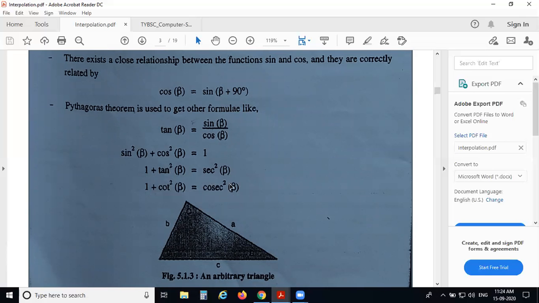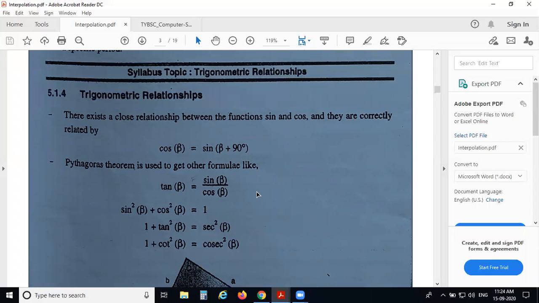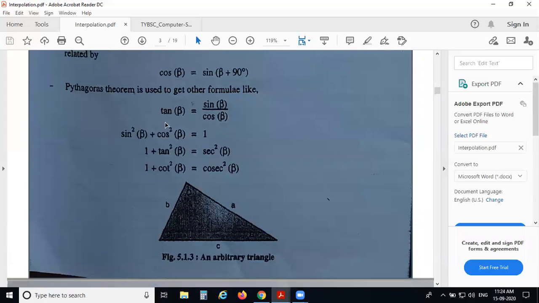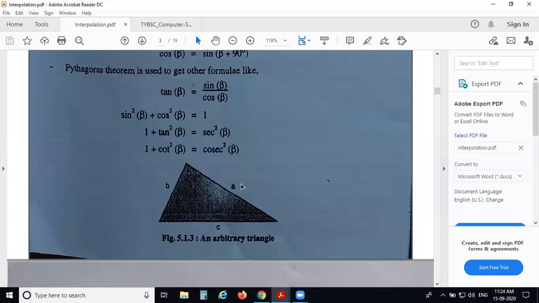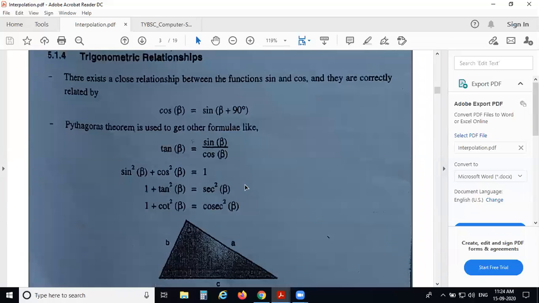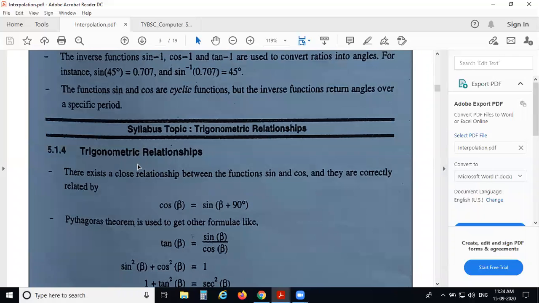So there are different trigonometric relationships present; you just know about those relationships, then write them down in the point, that is trigonometric relationships. That is, cos square beta is equal to 1 minus sin square beta, or sin square beta is equal to 1 minus cos square beta. These are all the relationships between sin and cos, which come under this point.